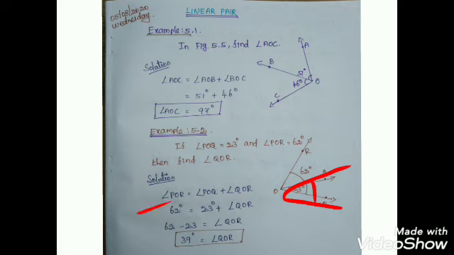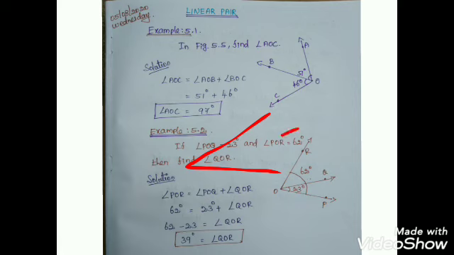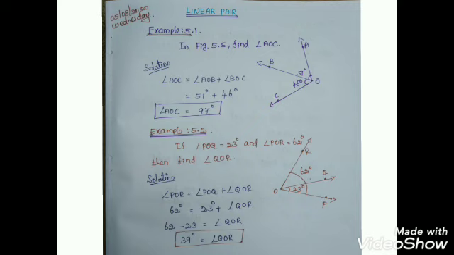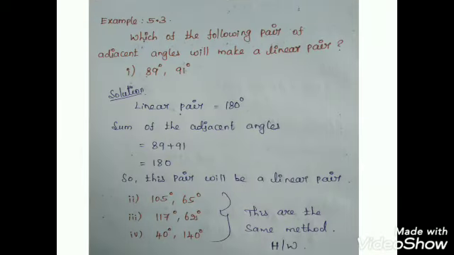So 62 degree equal to POQ is 23 degree plus QOR. We can find out the value of angle QOR. Take opposite side, that is minus. So 62 minus 23 is 39 degree. So angle QOR is 39 degree.